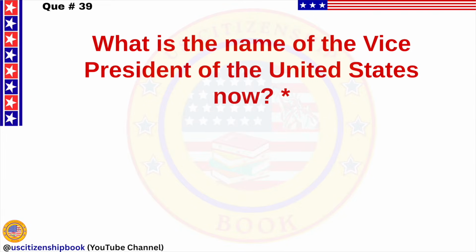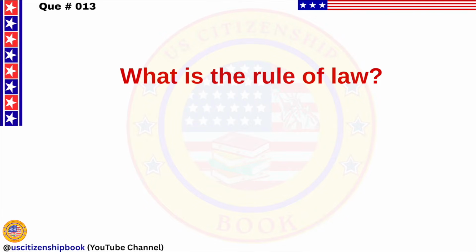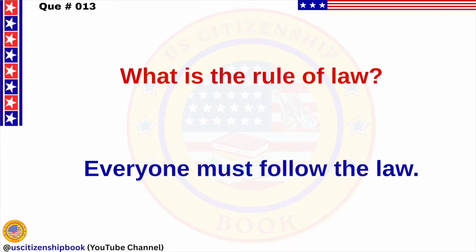What is the name of the Vice President of the United States now? J.D. Vance. What is the rule of law? Everyone must follow the law.